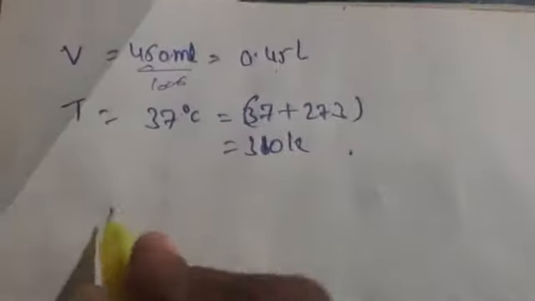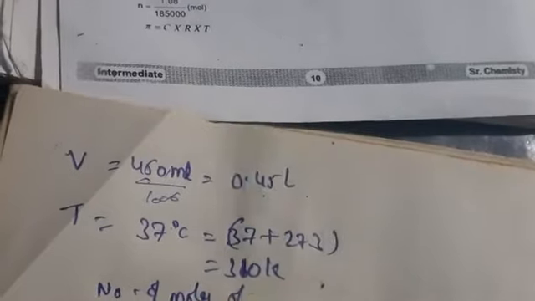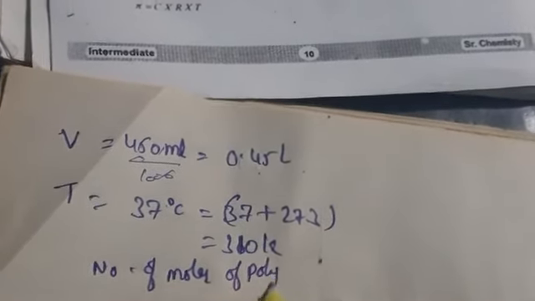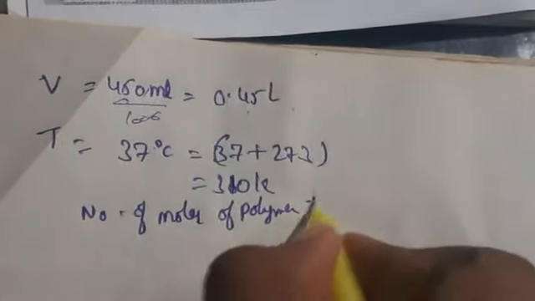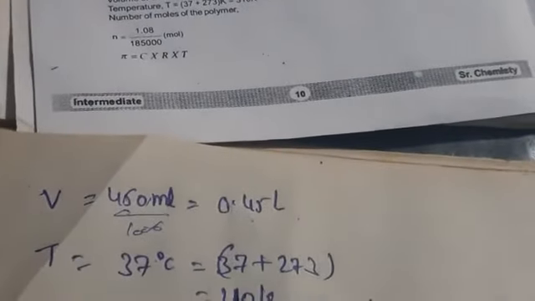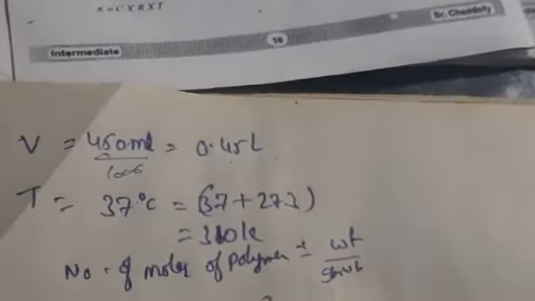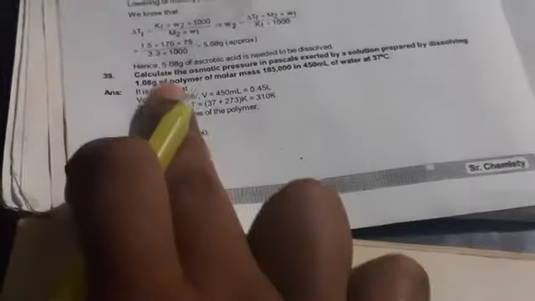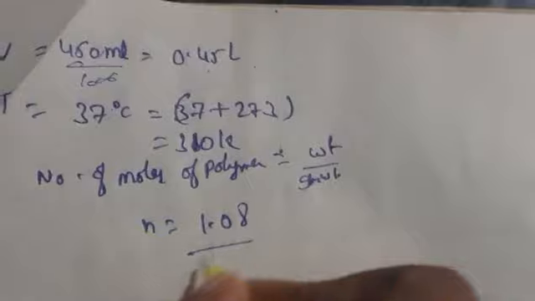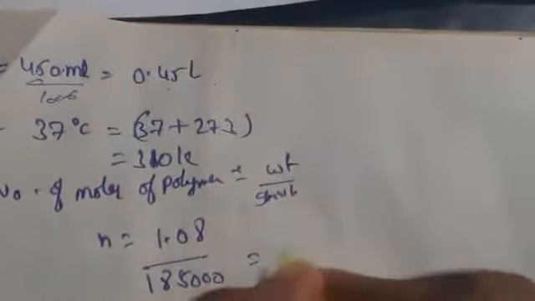So the number of moles of polymer, n, is equal to weight by gram molecular weight. So n is equal to 1.08 by 185,000.